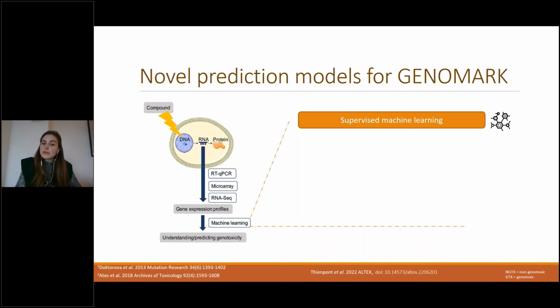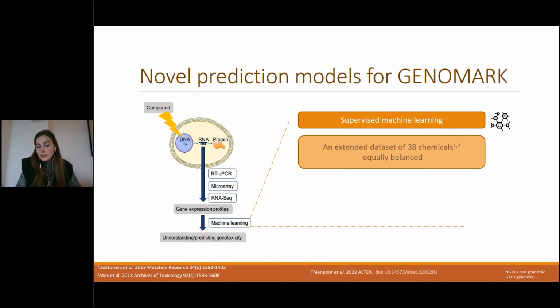However, the unsupervised algorithms were not sufficient to distinguish the genotoxic from non-genotoxic chemicals, and therefore we needed to move to supervised machine learning algorithms to develop the new prediction model. In a first step, we created an extended data set of 38 chemicals, equally balanced into 19 genotoxic and 19 non-genotoxic chemicals, also including the 24 reference chemicals as mentioned in the previous slide.